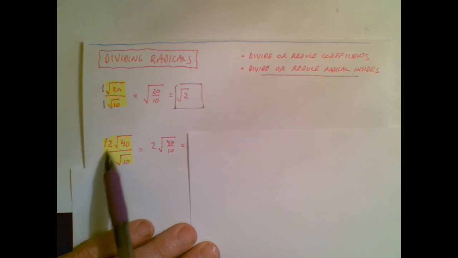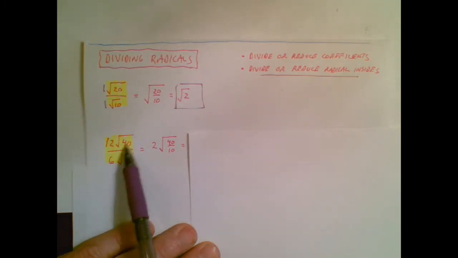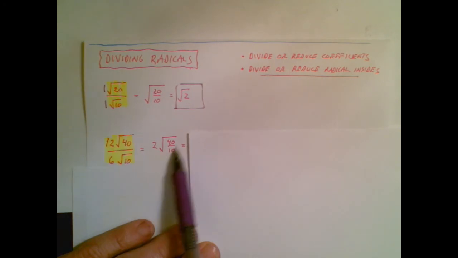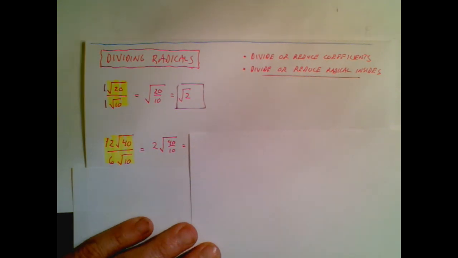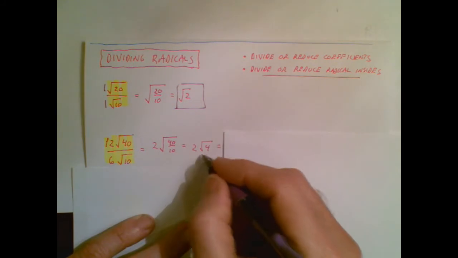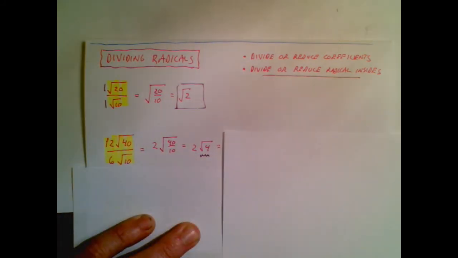The coefficients reduce. Inside the radicals, I can think of those being underneath one radical, which means I can take the 40 divided by 10 and reduce it or divide it. In this case, when I divide it, I get a 4. So I get a 2 square roots of 4. But by the way, square root of 4 is really a 2. So it's really a 2 times a 2.